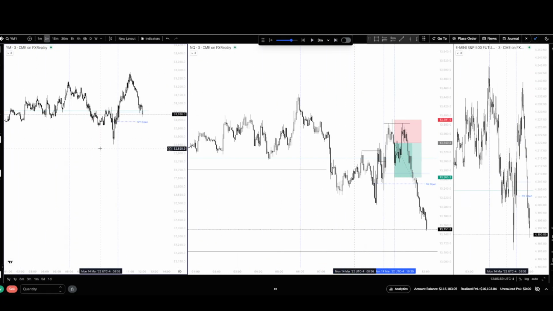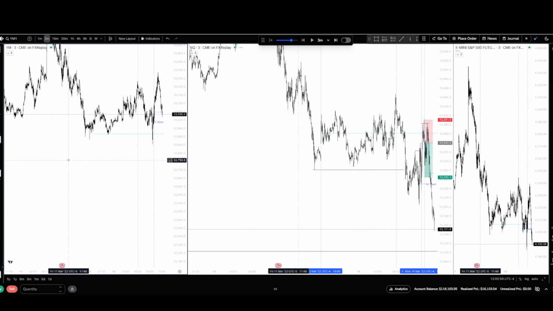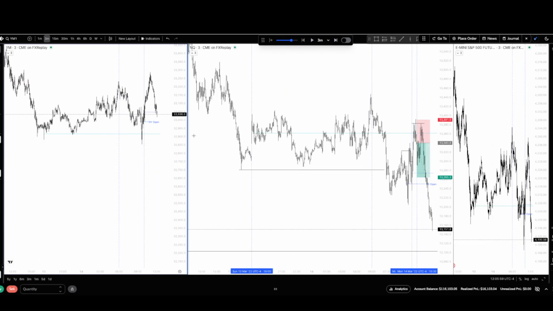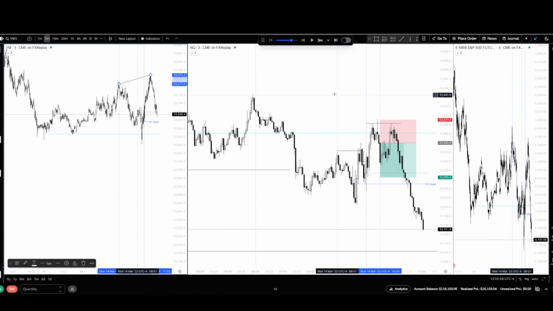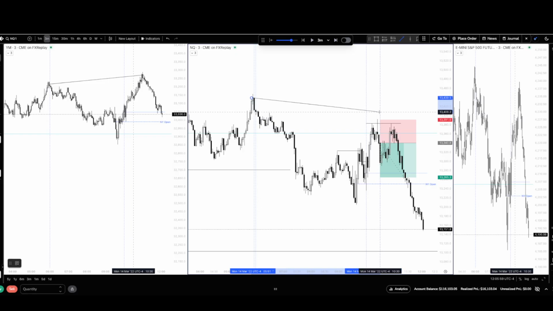I guess you could say YM wanted to, but it didn't need to, right? YM wanted to go and take this high, and that's kind of what carried NQ up higher. And when YM did tap into this high here, that's what triggered NQ to go down lower. So, with that being said, that's not even what caused it.